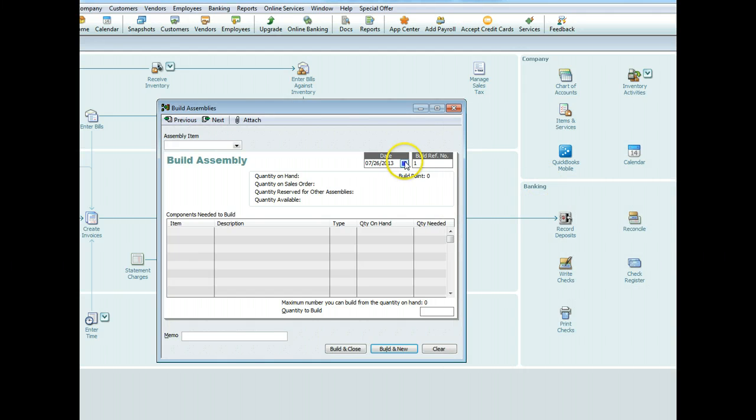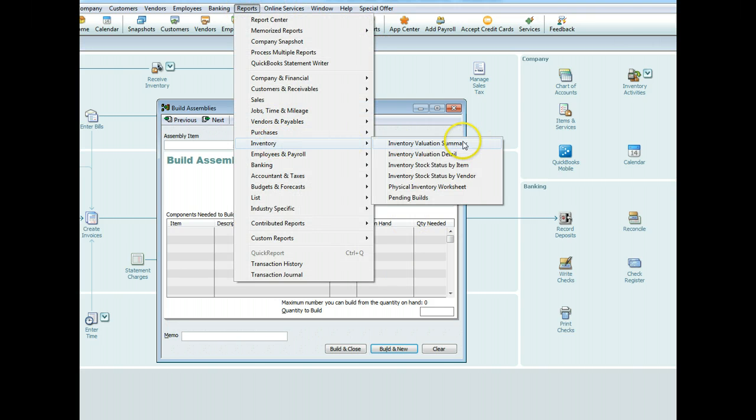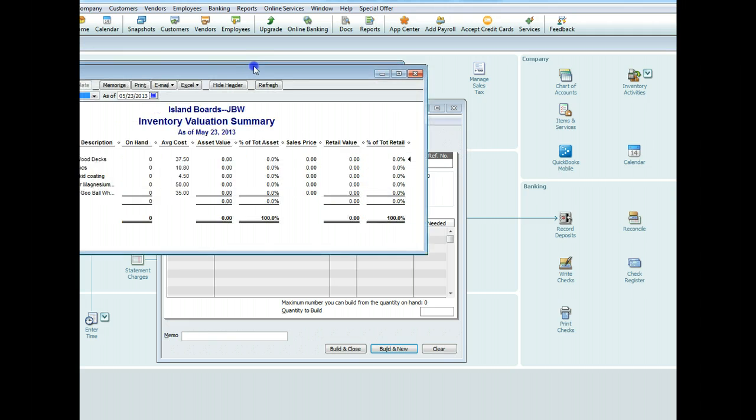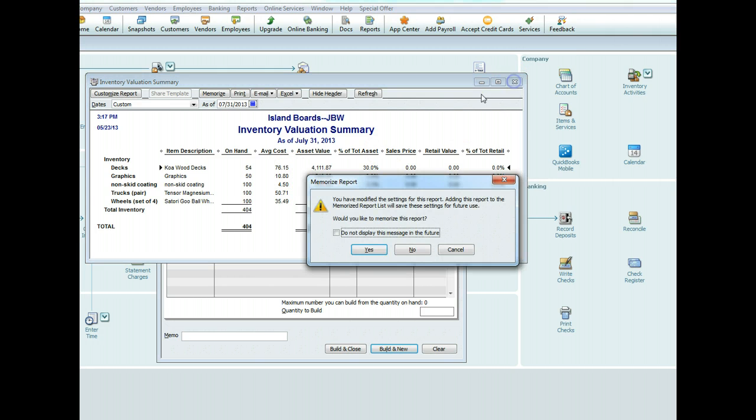Cancel that, and let's change this to 31. And before I do anything, I want to check my inventory. So we're going to check the inventory as of July 31st. And my decks have an average cost of $76.15.